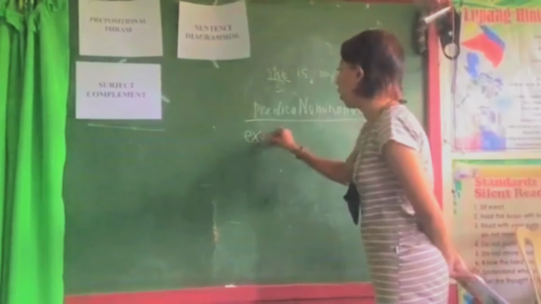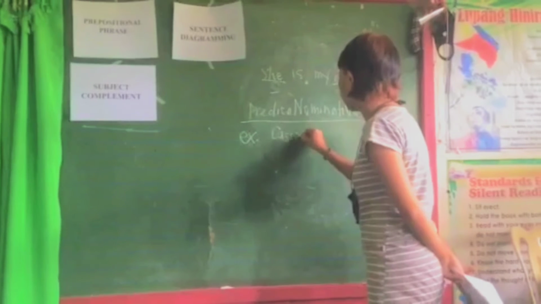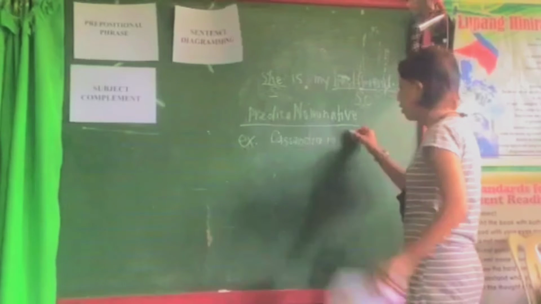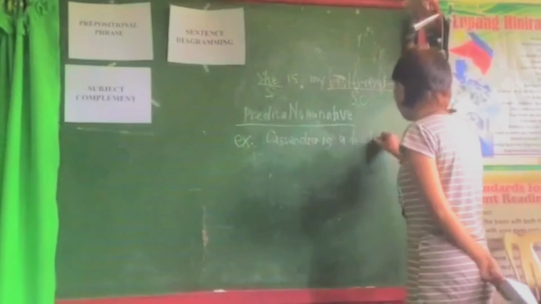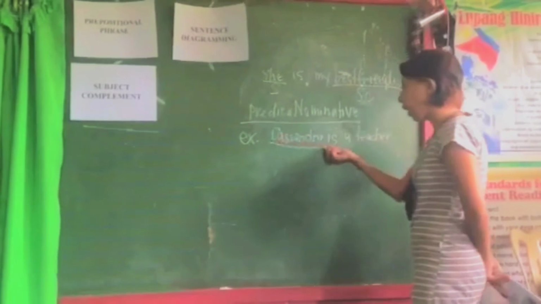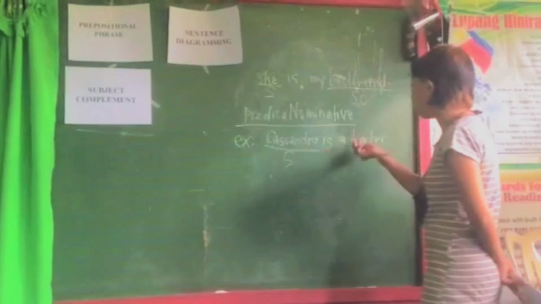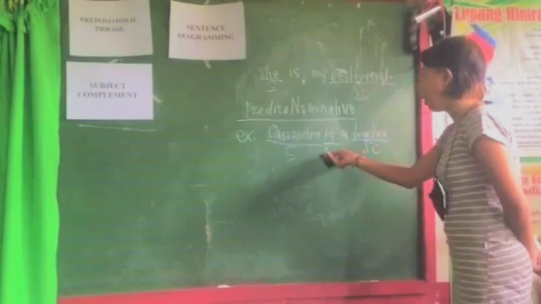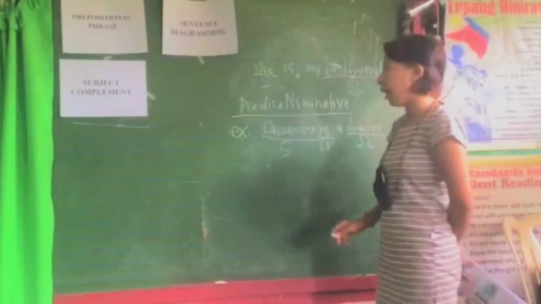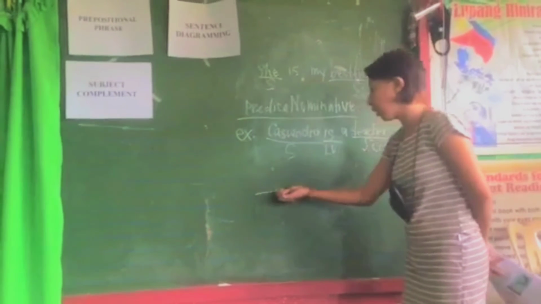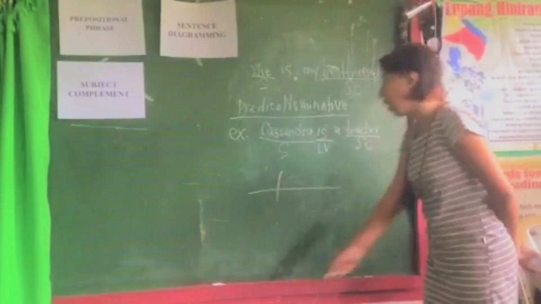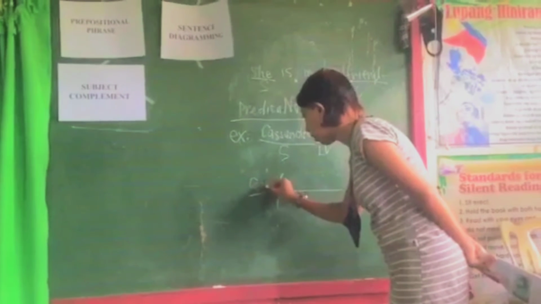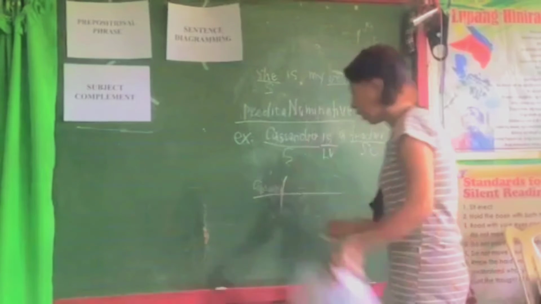For example, Cassandra is a teacher. We have Cassandra as our subject. Cassandra.